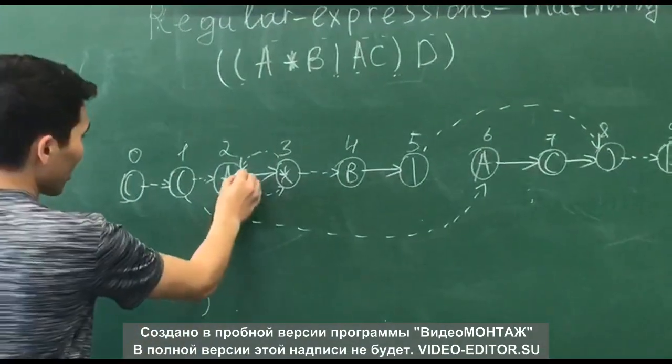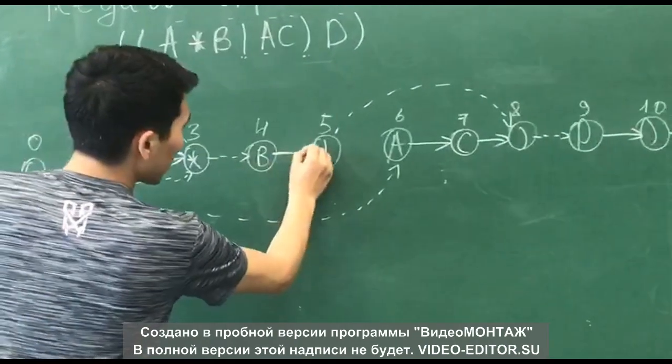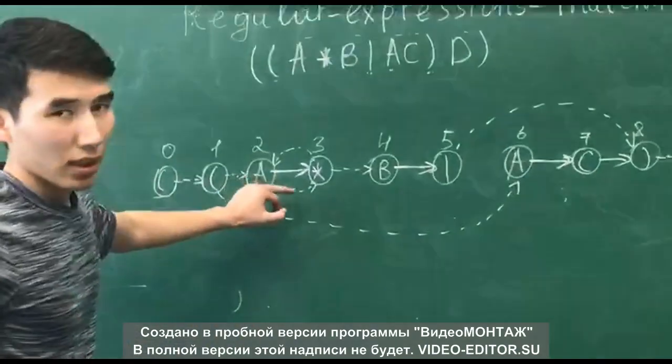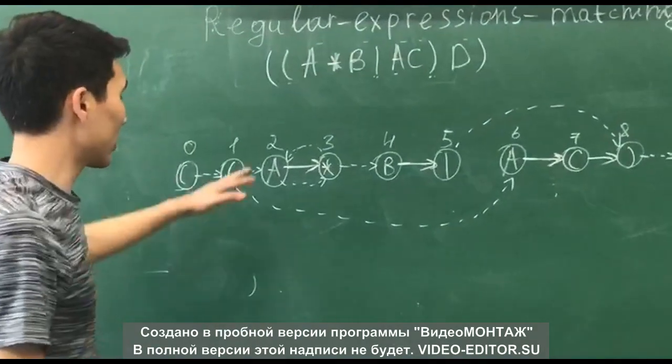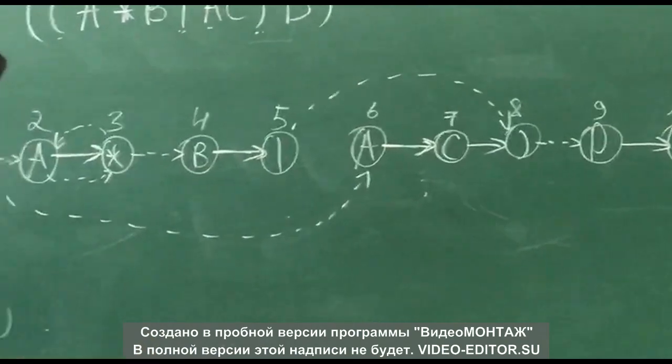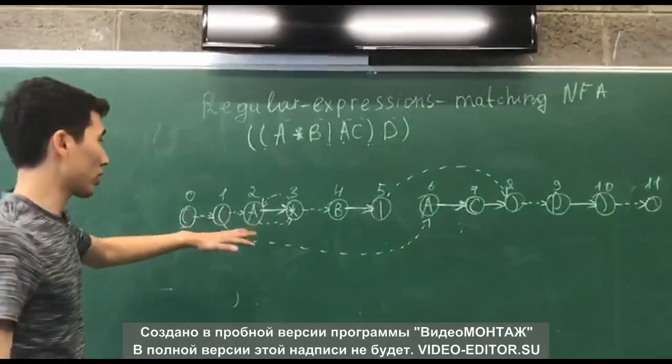These transitions, this and this one, mean change state and scan the next text character. And this transition means change state but don't scan text.